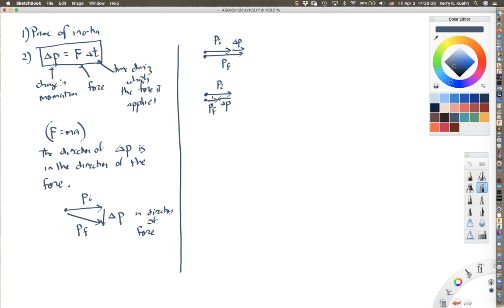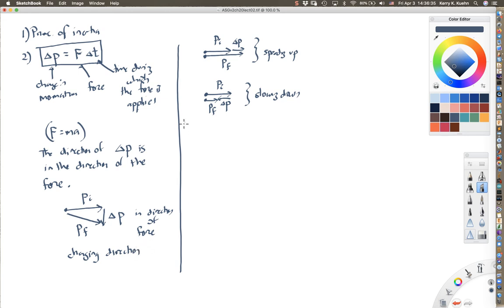It's going to be in the same direction as before, but a little bit shorter, a smaller momentum than it was before. So this is the case of the hockey puck speeding up. Its momentum increases. This is the case of the hockey puck slowing down due to a force applied to the front of it. And this would be the case of the hockey puck changing direction.